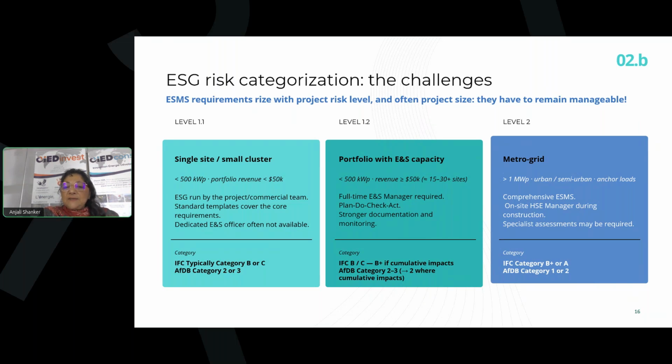The advantage of having this full-time manager is that we can improve as we go, meaning all the reports that are produced from each one of the sites from the standard templates, which are also proposed in the toolkit, would then be analyzed by this ESG manager, both from the perspective of ESG, but also from the perspective of the performance of the grid. And the idea is to do continuous improvement, converging with the Plan, Do, Check, Act cycle of the ESG system.